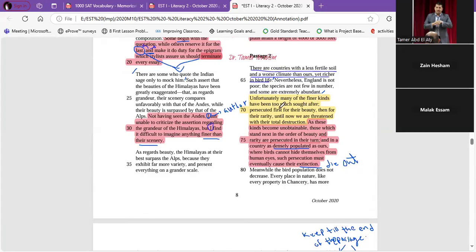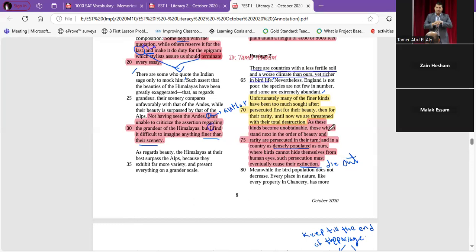Persecuted first. Now the question that I left for the big picture for passage 2, I said it can be A, not D, because he gave us the reason: first for their beauty, then for their rarity, until now we are threatened with their total destruction, and these kinds become unobtainable.